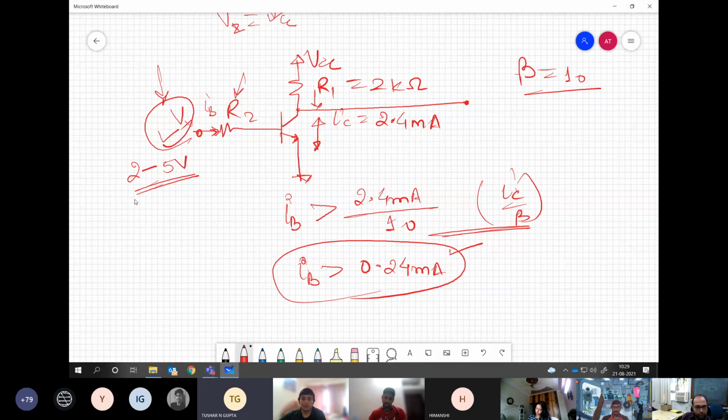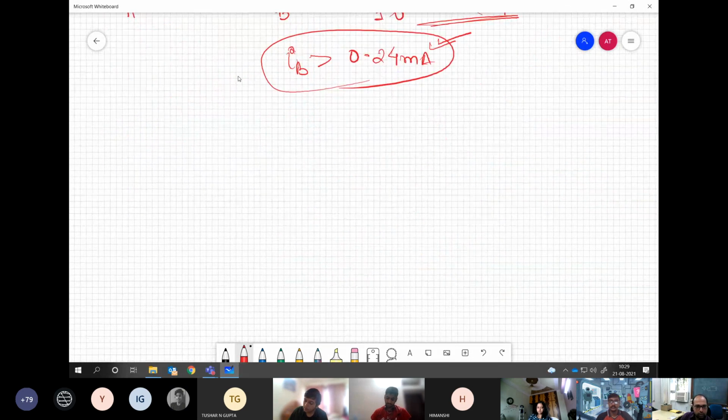Obviously, if we are able to pump this bare minimum current for the minimum value of the voltage available, then for any higher value, this condition will remain true. Yes or no? Yes, sir.